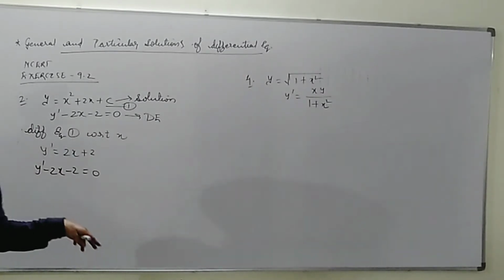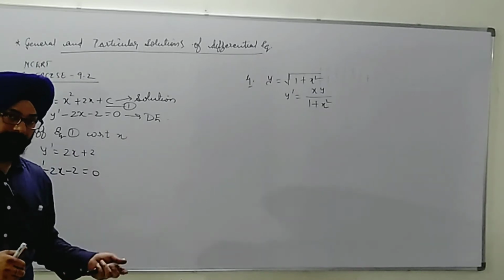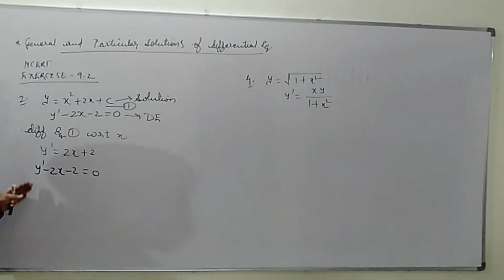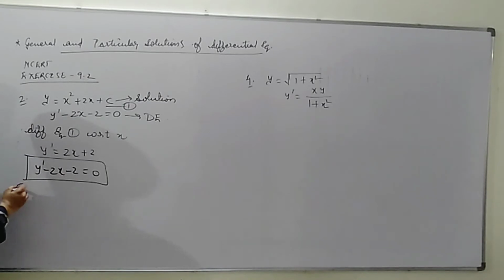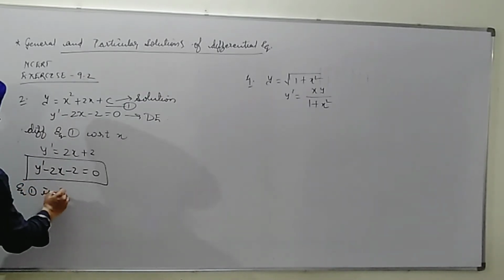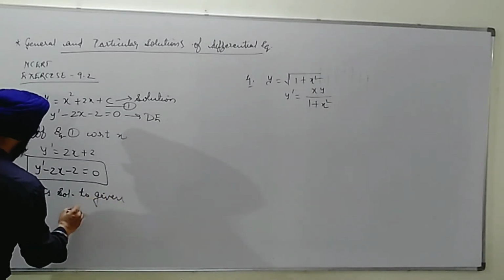I do not consider that this will be convenient every time, but it depends on the condition. If you find this is the better way in a particular condition, you must follow it. I hope you get it. We have obtained the differential equation by differentiating equation 1, so obviously equation 1 is a solution to the given differential equation.